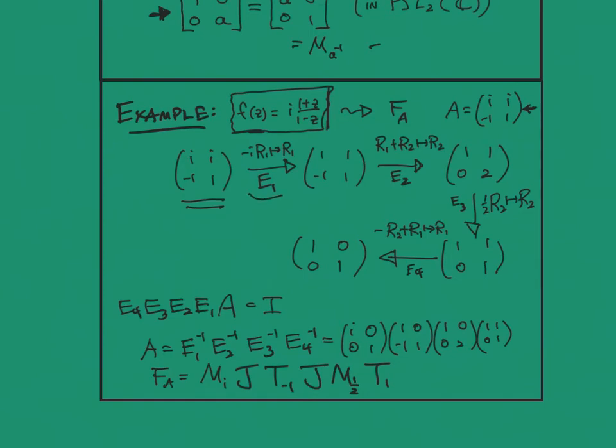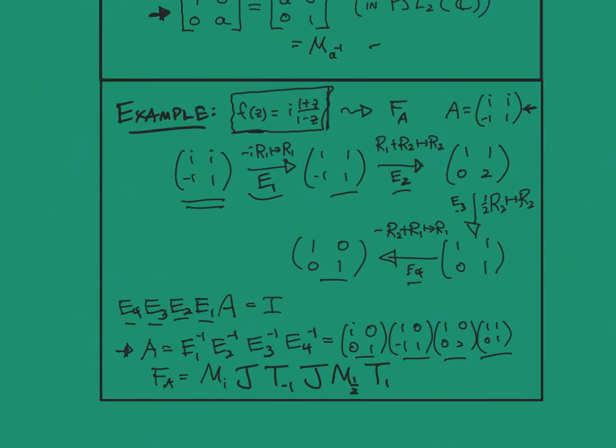So I do -I times row 1 and put that into row 1 spot. That's my first operation. And I do a bunch of these until I get to the identity. And I keep track of the row operations. This is something you do in linear algebra, where each elementary matrix corresponds to a row operation, and when I apply these in succession, I'll get the identity. So then A here can be written as these inverse elementary matrices, and I've just written out what they are right here.